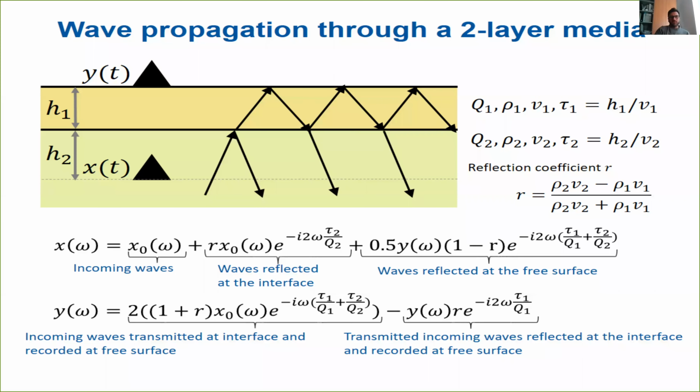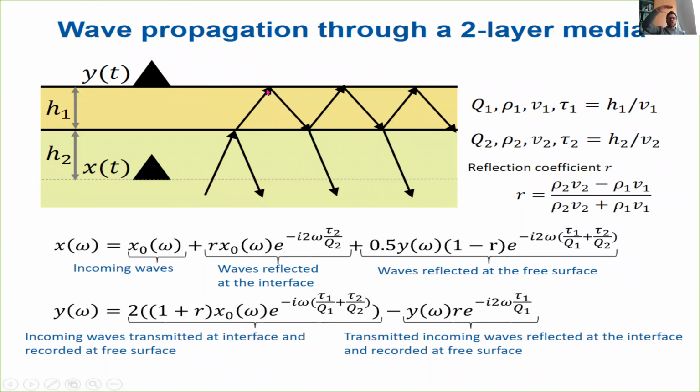But very simply, what we can say is that the recording that I have at a certain depth will depend again on the incoming wave from below, and on the waves which are reflected at the interface between the soil and the building, and at the free surface.